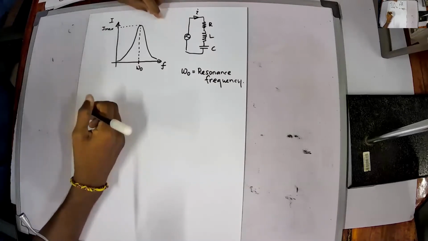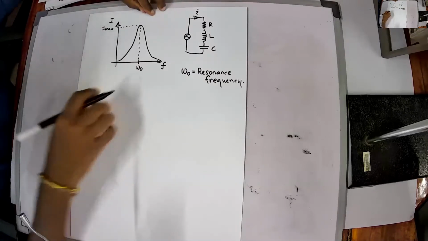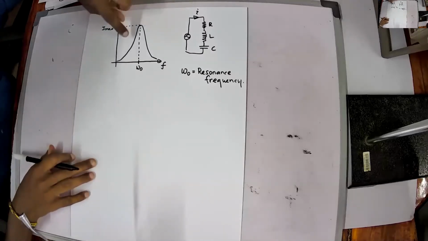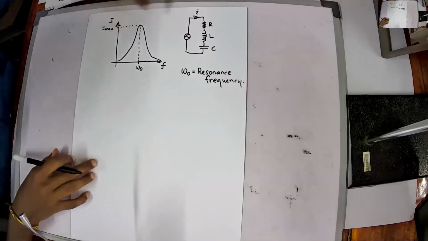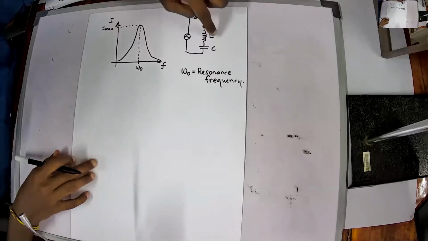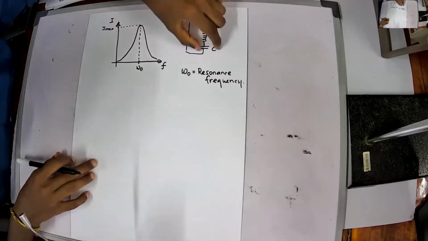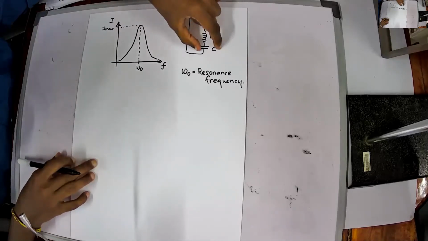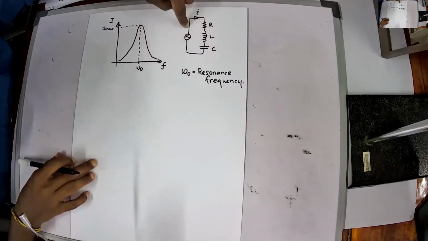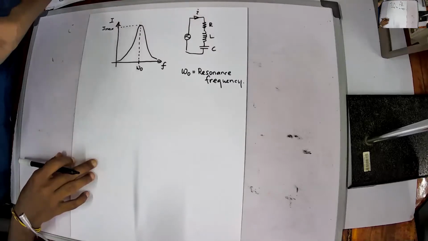Because at resonance conditions, this will be 0. At resonance, we can simply assume that the j omega L given by the inductor and 1 over j omega C introduced by the capacitor will cancel each other.